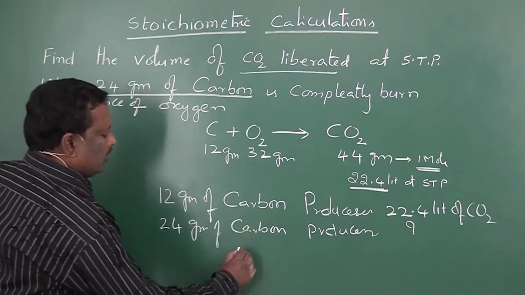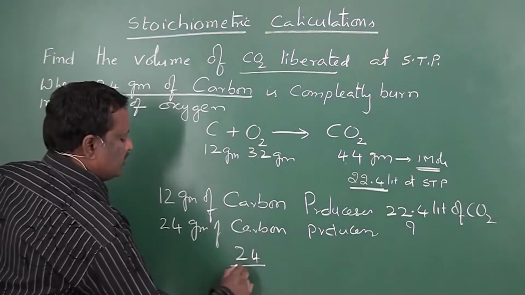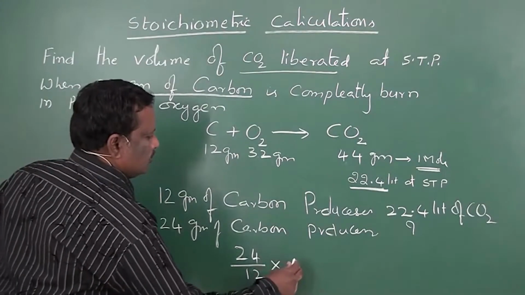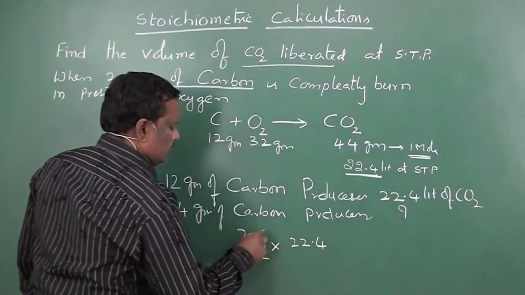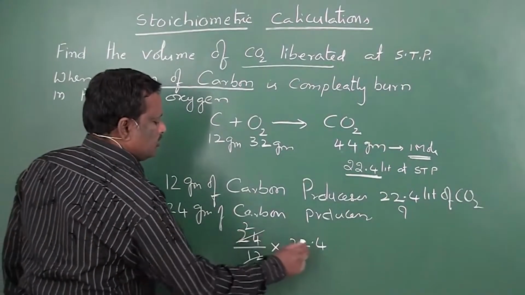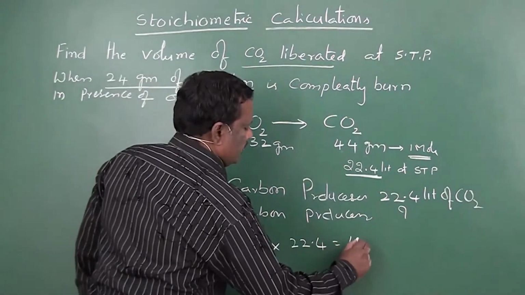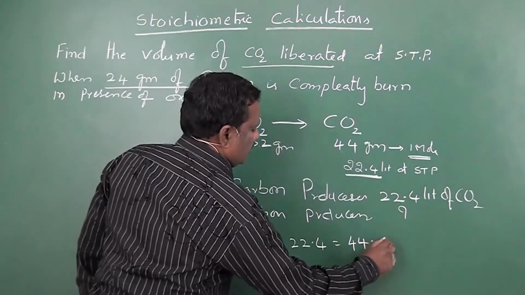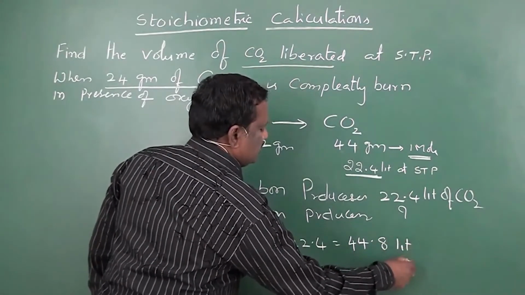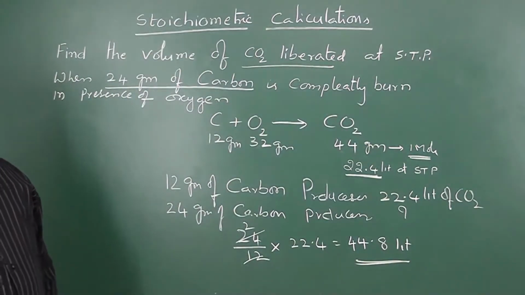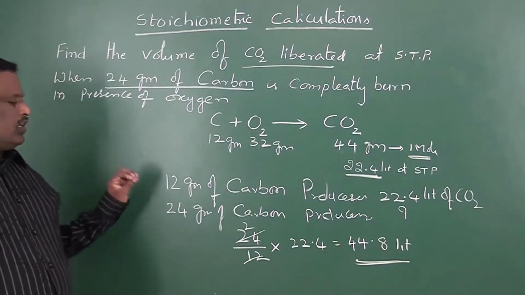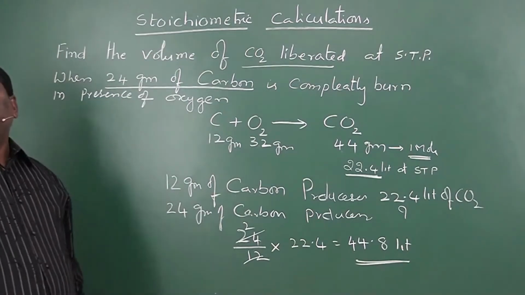So it will be 24 by 12 into 22.4. So it will be 2 times, so it will be 44.8 liters. This is the volume of CO2 at STP that was liberated when 24 grams of carbon was completely burned.